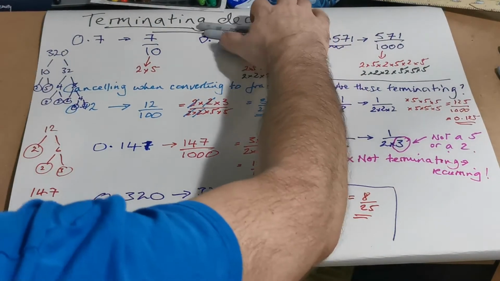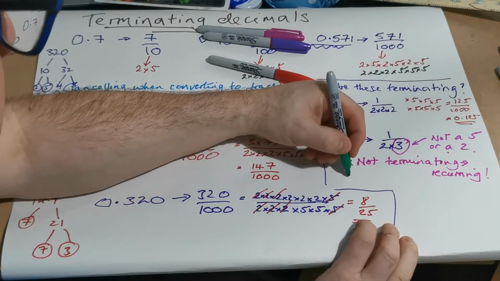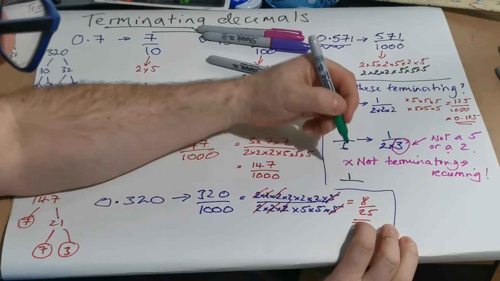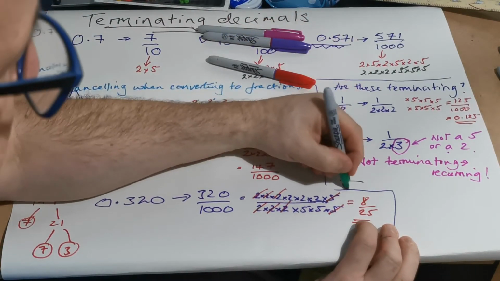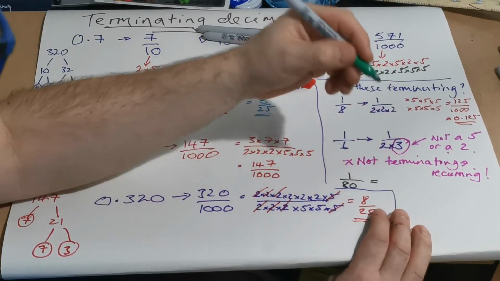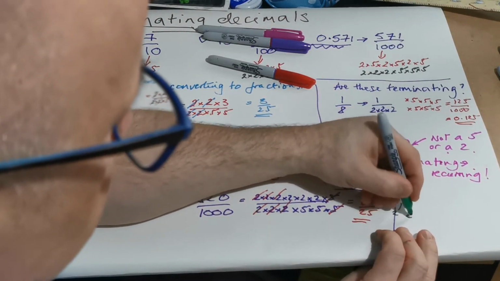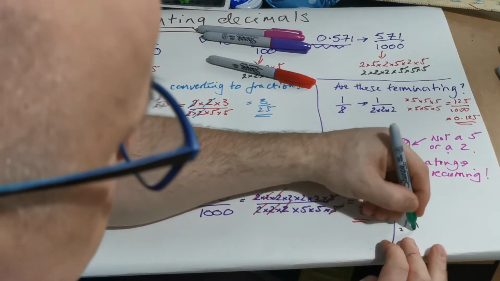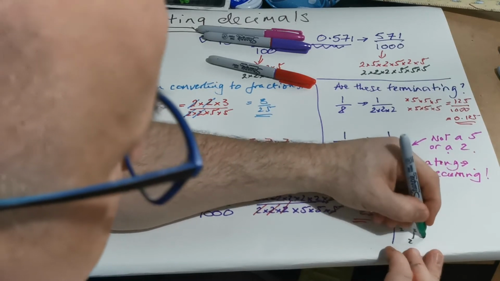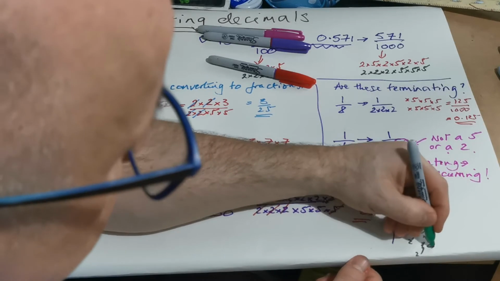So I think I've got space for just one more down there. If I was to do 1 over 80, if I was to look at 80, I would say that's 2 times 40, which is 2 times 20, which is 2 times 10, which is 2 times 5.